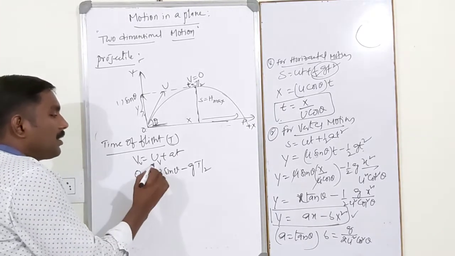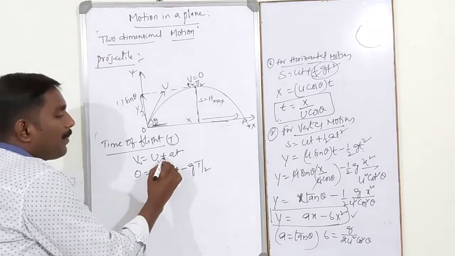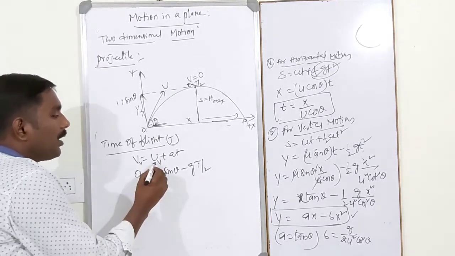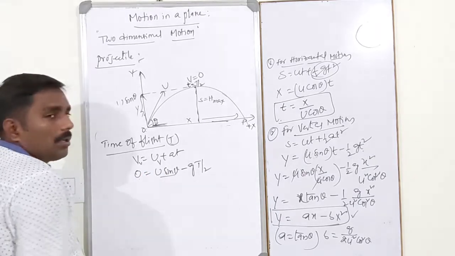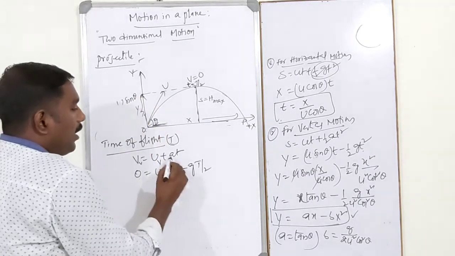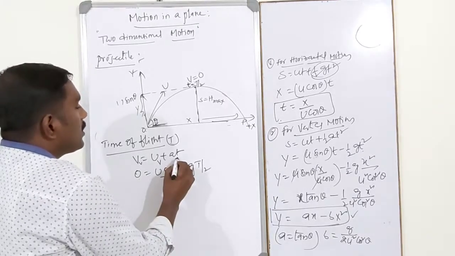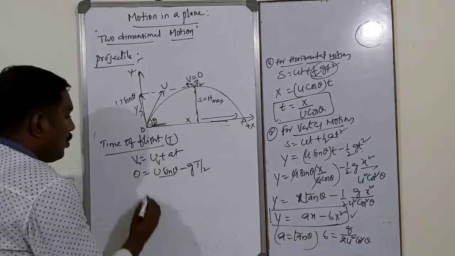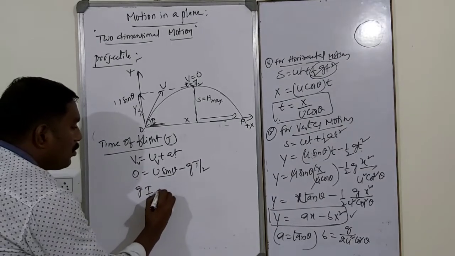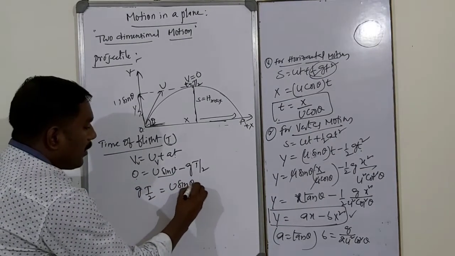The final vertical velocity is 0, the initial vertical velocity is u sin theta, a is equal to minus g, and the time is T by 2. Now g T by 2 is equal to u sin theta.